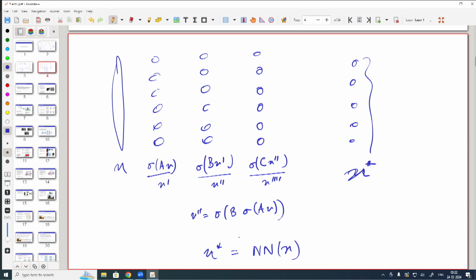If you did not have the nonlinear function, then your neural network will only be able to compute linear functions, no matter how many layers you stack. Therefore, the neural network is not going to be stronger than the perceptron, for example. It will remain at that level only. This is the reason you need some sort of nonlinear activation function, and mathematically this sigma can be any nonlinear function, as long as it is nonlinear it is good enough.